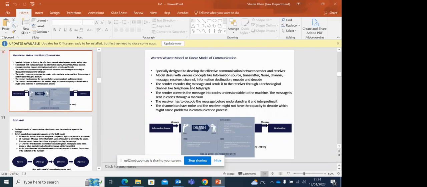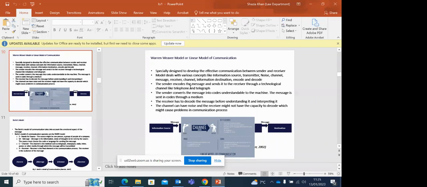Then we've got Warren Weaver's model, or the linear model of communication. Warren Weaver's model is specifically designed to develop effective communication between sender and receiver.